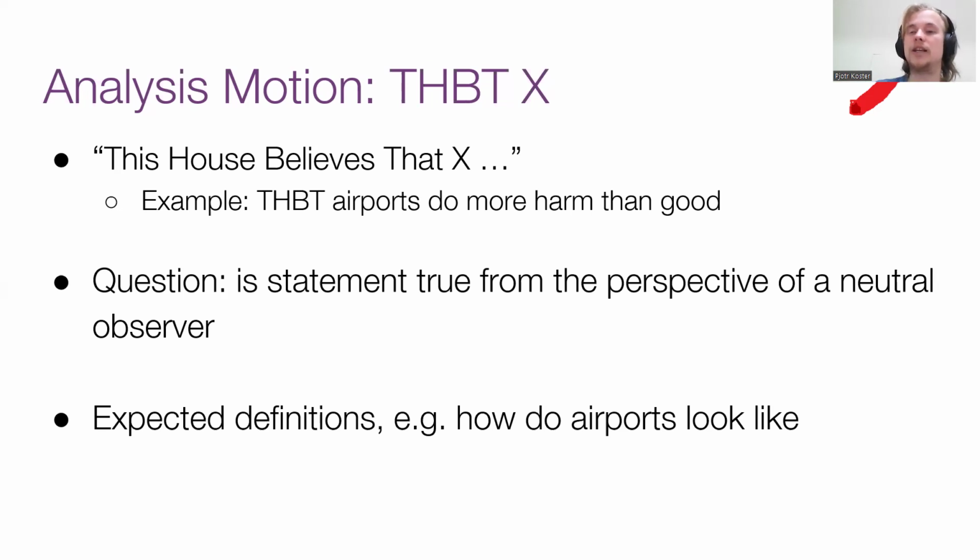And you can, of course, give definitions of what airports look like. But again, it's a definition that can, to a certain extent, be challenged. It can be added upon in debate. You don't have a specific model that you can bring on how these airports will look or how governments will regulate airports.